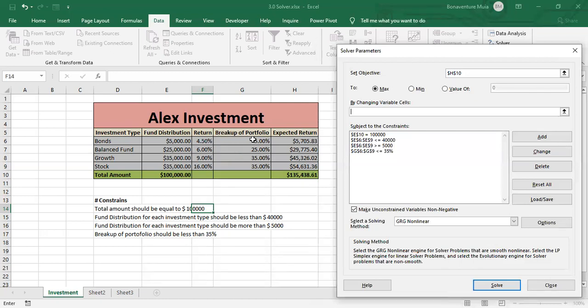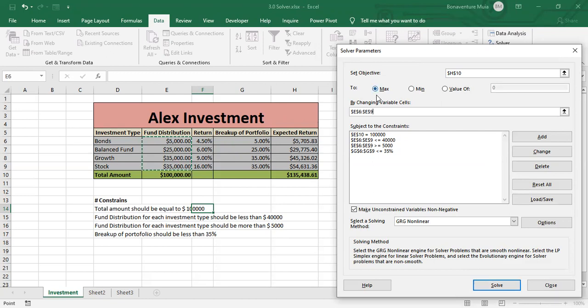The same thing applies to the expected return, which is calculated. So the only thing that we can change is the fund distribution. That is the only thing that we can change.